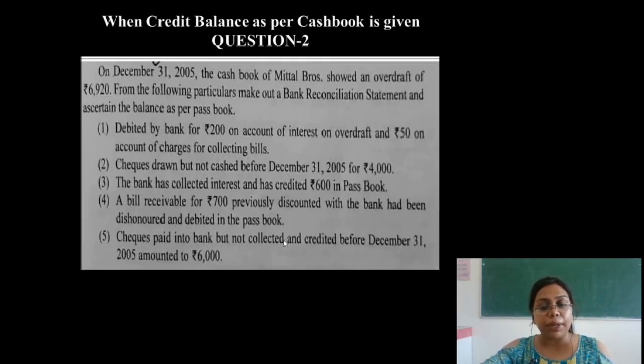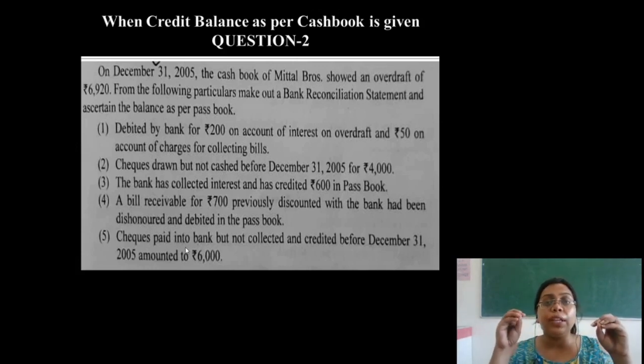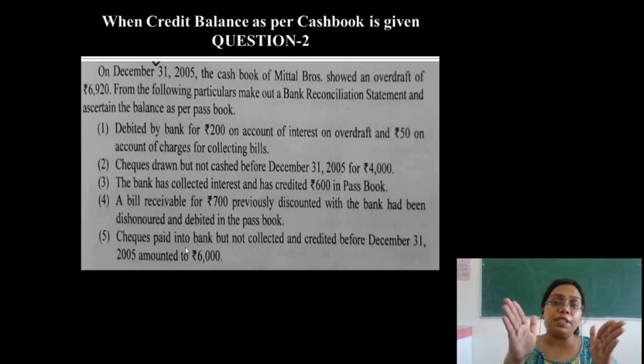Lastly, checks paid into the bank but not collected and credited before December 31st, 2005 amount to 6,000 rupees. I have paid a check to the bank, but it has not actually been credited to my account.